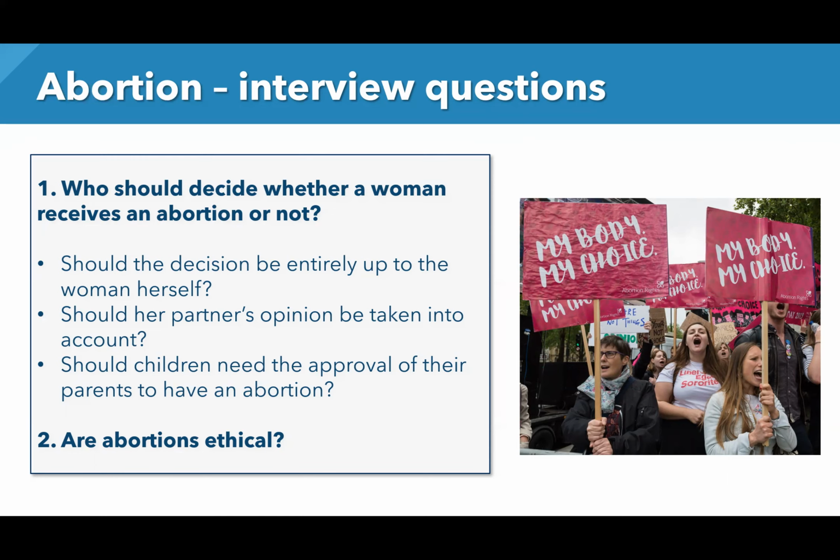But then again, if we are thinking about my body, my choice, and the idea that people should be entitled to their own opinions about their own bodies, then that goes against this idea that children should need the approval of their parents. And of course, in this country, children over 14 are not required to have the permission of their parents to have an abortion.